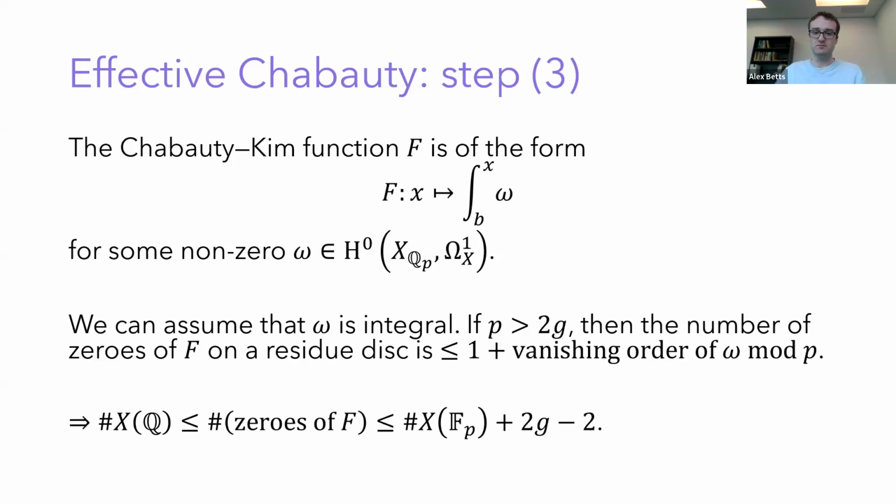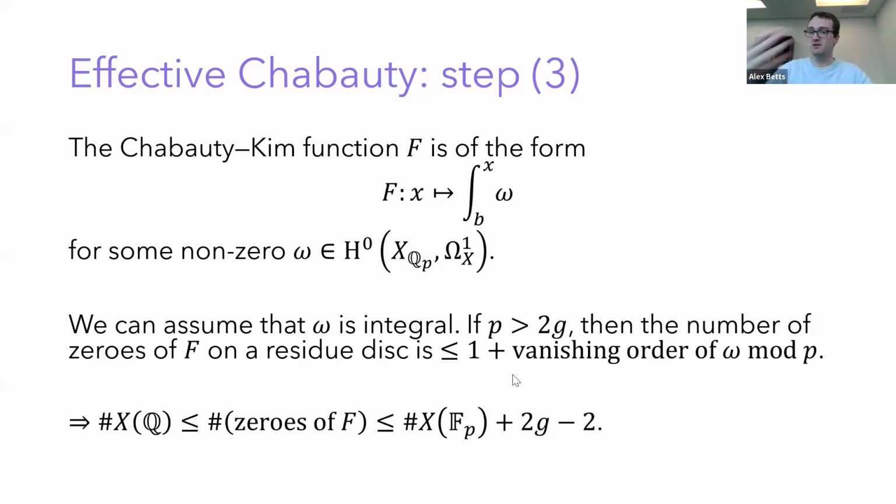And so when you sum this over all F_p points of the reduction, what you obtain is that the total number of zeros of this Coleman function F is bounded above by the number of F_p points, which is the sum of 1 over all the F_p points of X, plus 2g minus 2, which is the sum of those vanishing orders.